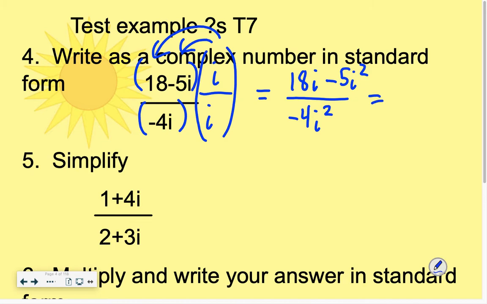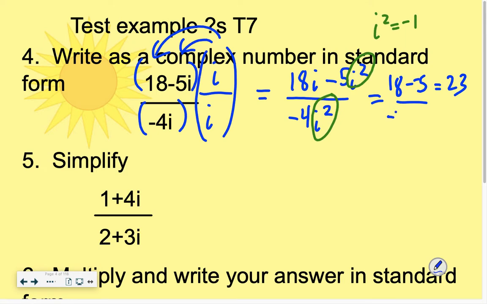So then I'm going to change my i squareds to -1. So if i squared is -1, this becomes 18 minus 5 times -1, which is 18 minus a -5, which becomes 23.